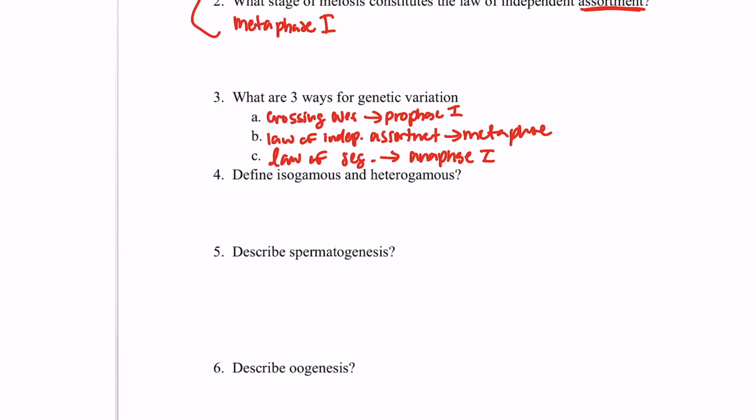Okay, so question number 4 asks you to define isogamous and heterogamous. So let's just break down the words, because I think that helps to understand what we're actually looking at. So this prefix right here, iso, this means the same. While hetero, like heterozygous, means different.